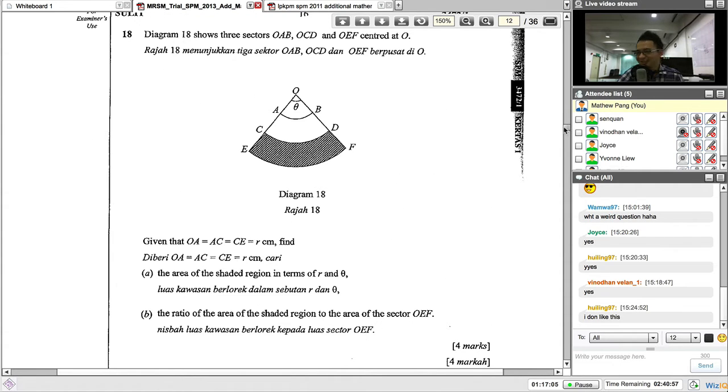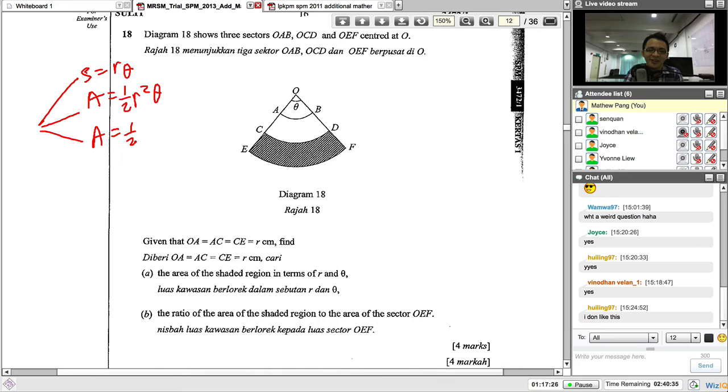Why don't you like this? Circular measure is one of the easiest chapters. Let me give you the formulas just in case you want them. So circular measure, basically you have 4 formulas. S equals to r theta. A equals to half r square theta. And what else?